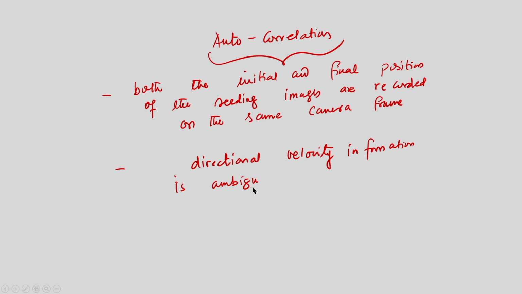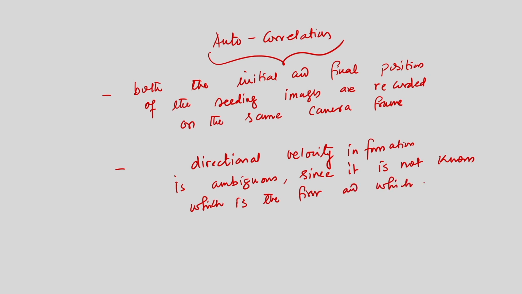The directional velocity information is ambiguous since it is not known which is the first and which is the second image of the image pairs.